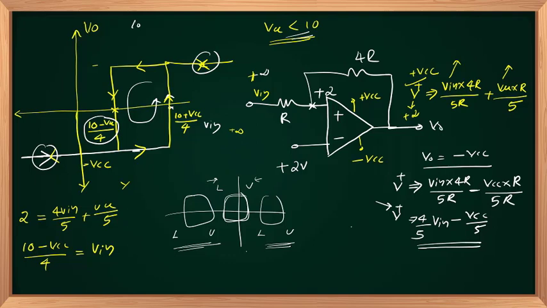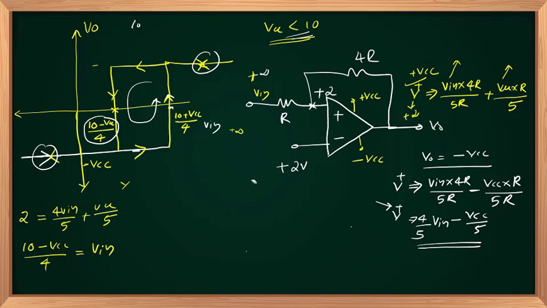Out of 4 combinations, you'll have 3 valid combinations. So by properly selecting the VCC value, you can move your transfer characteristics towards left or right, or symmetrical about the y-axis, or to the right side of the y-axis, or the negative side.